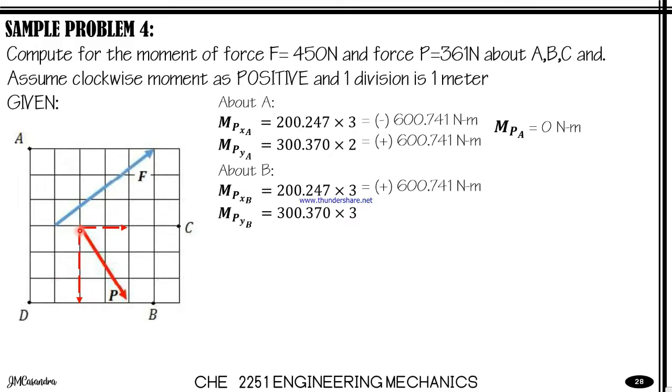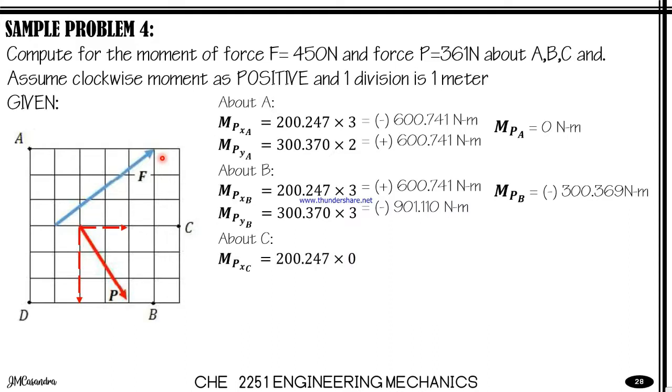And then for the y component, it will give us a negative value, which is 901.11. And the total moment at point B caused by force P is equal now to negative 300.369 Newton meter, or a counterclockwise rotation.